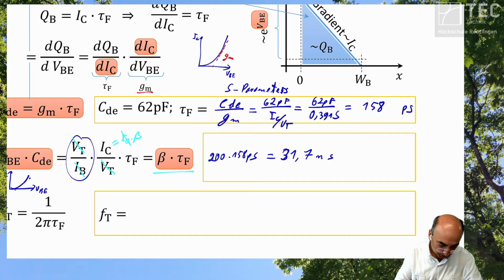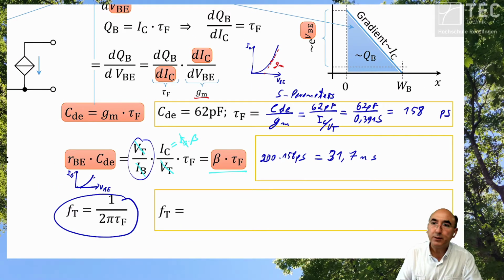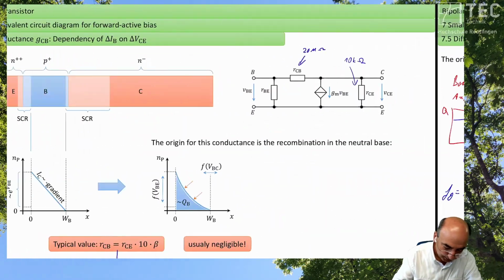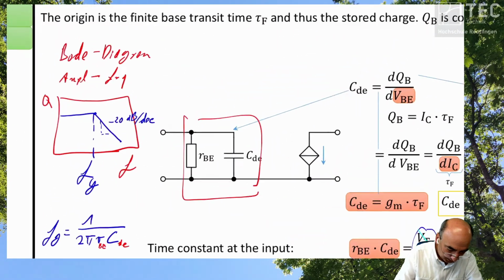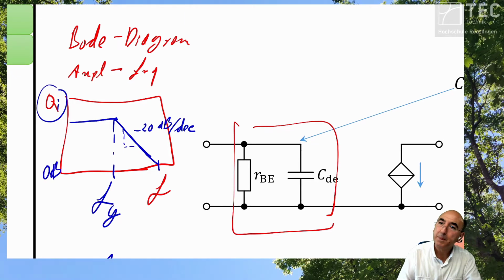Now let's take a look at the transit frequency. What is the transit frequency? The transit frequency is where this current gain is 0 dB.